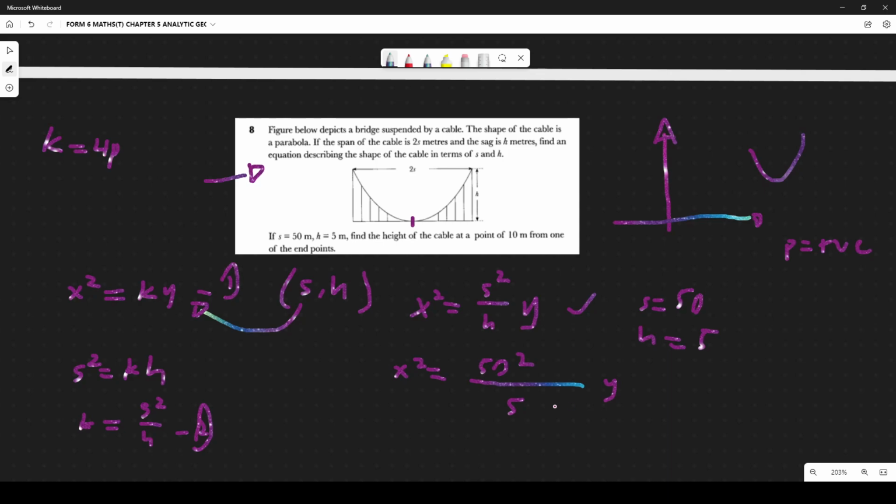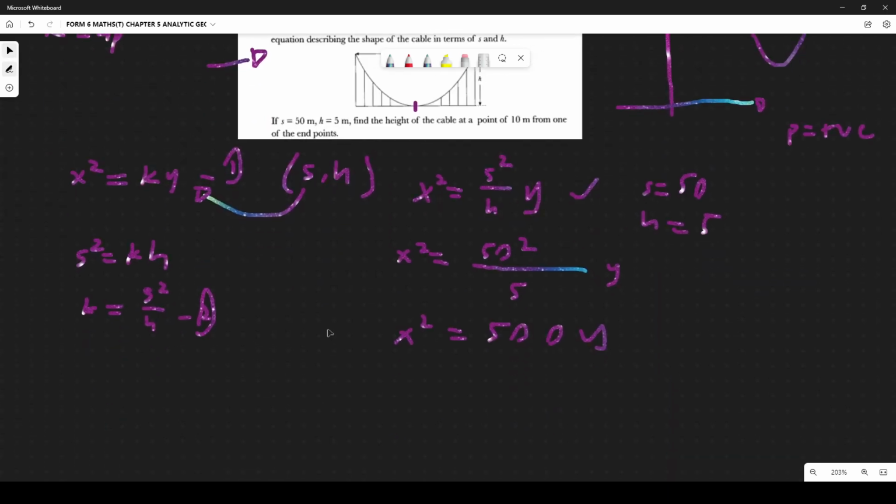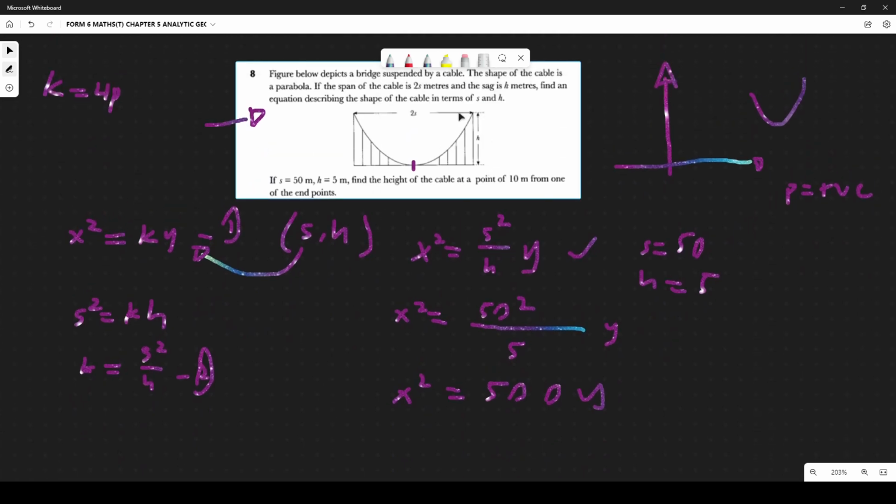So 2,500 divided by 5 is 500. So x squared equals to 500 y, right? Since this is 5, and we say this is 500. Oh, sorry, it's 500, not 50.